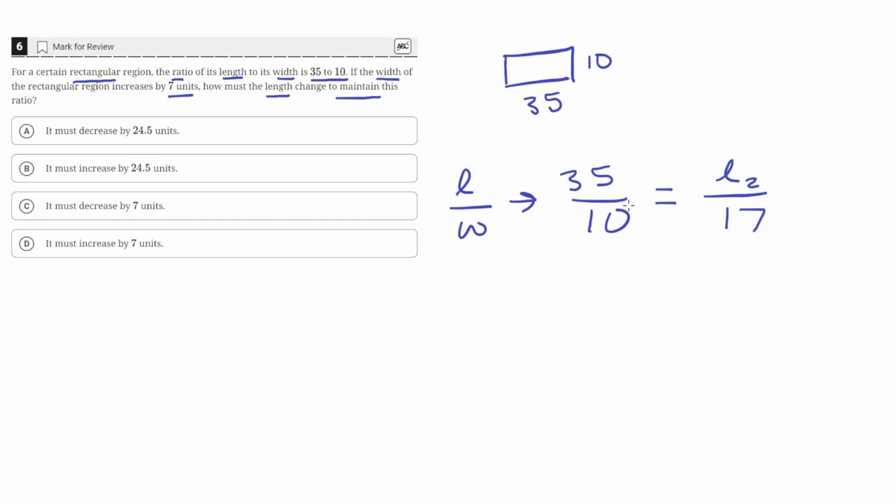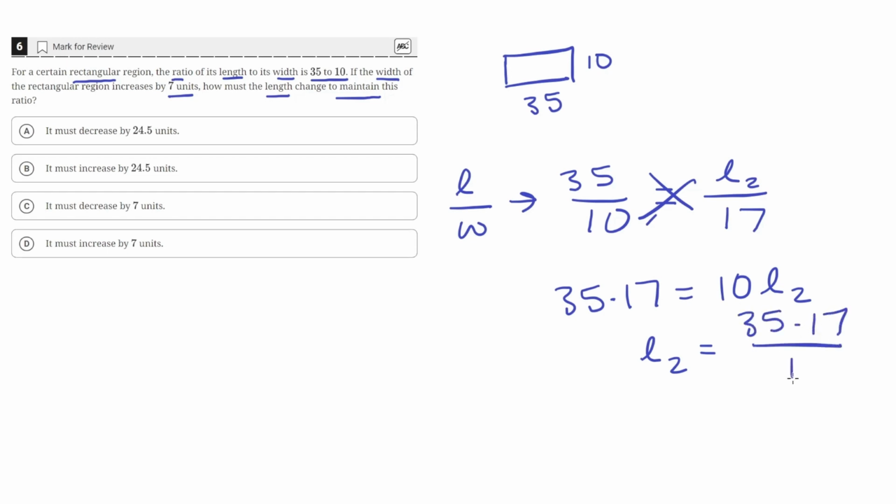To solve this, we can just cross multiply like this. So 35 times 17 equals 10 times L2. And then to solve for L2, we can just divide both sides by 10. So 35 times 17 over 10.